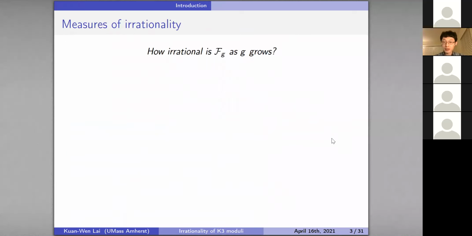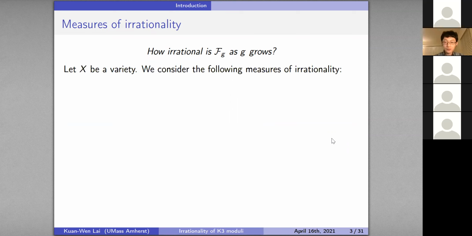How irrational is F_g as g grows? To answer this question, we need to make rigorous what we mean by how irrational F_g is. There are several measures of irrationality right now in the community. In this work, we consider two of them. Let X be a variety, usually assumed irreducible.